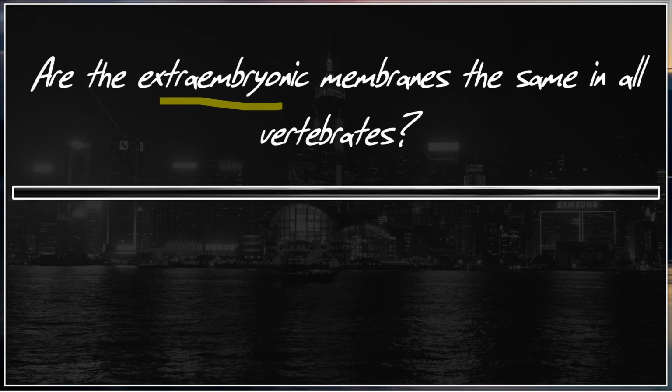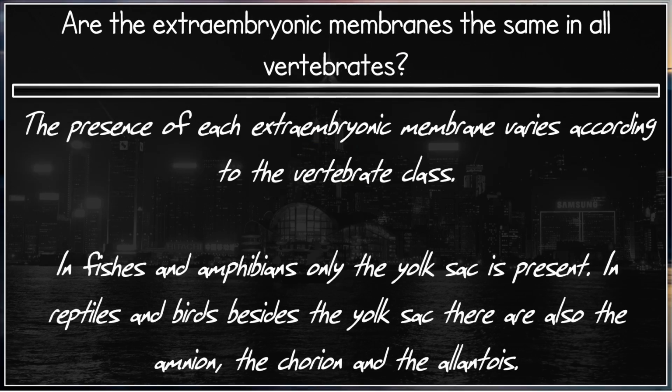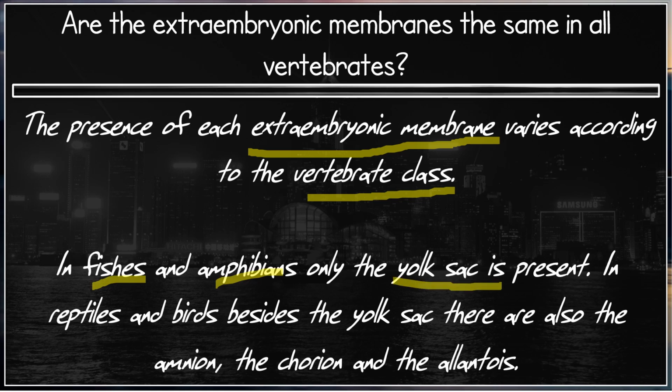Are extraembryonic membranes the same in all vertebrates? The presence of extraembryonic membranes varies according to the vertebrate class. In fishes and amphibians, only the yolk sac is present.